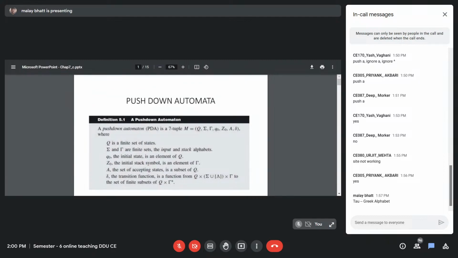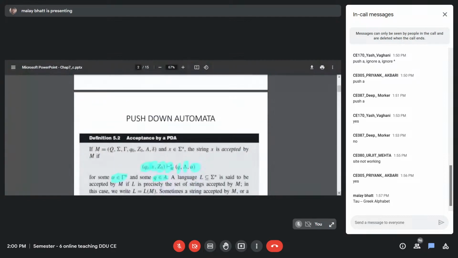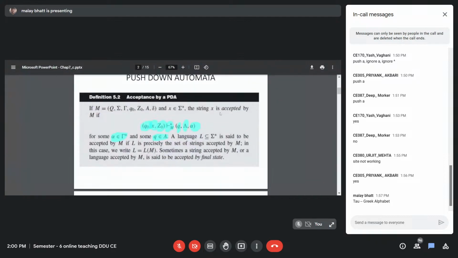Okay. So how we'll define the acceptance of the push down automata? That is the next thing. This is how we'll define the acceptance by push down automata. We have discussed that also, that when we start the push down automata for any given string x, x is accepted by the machine if we start from the configuration Q0 x Z0.